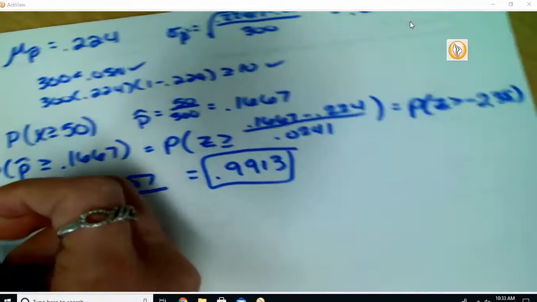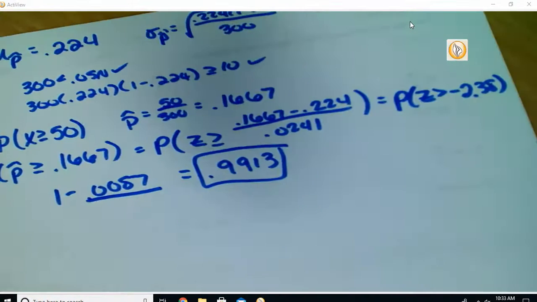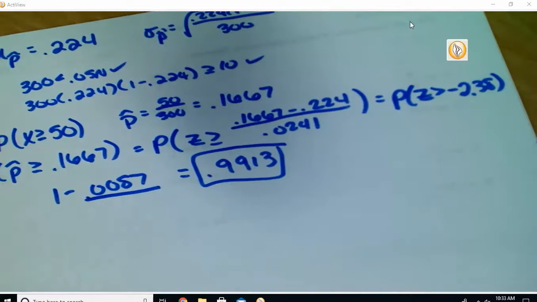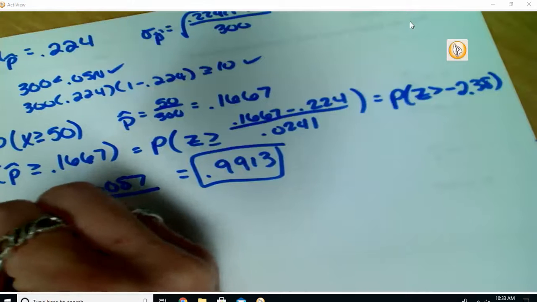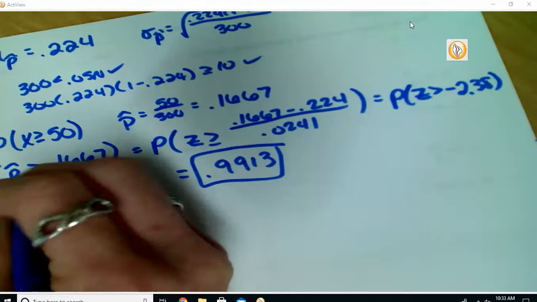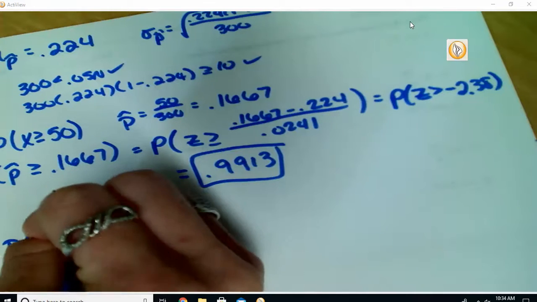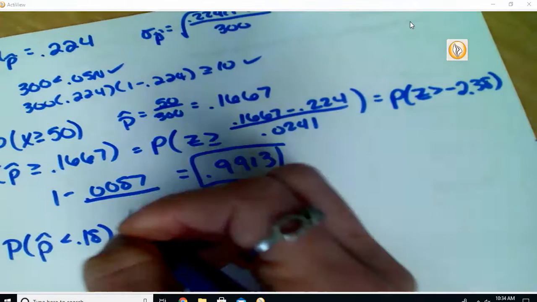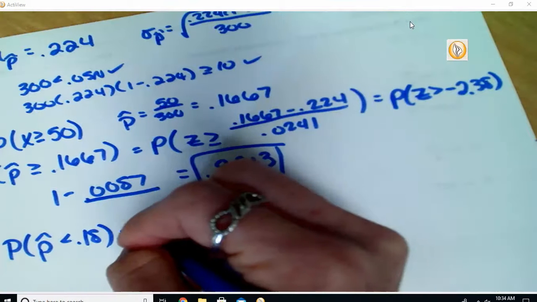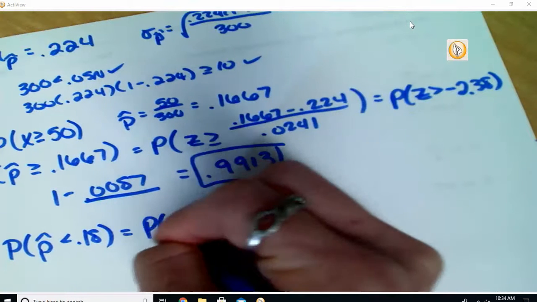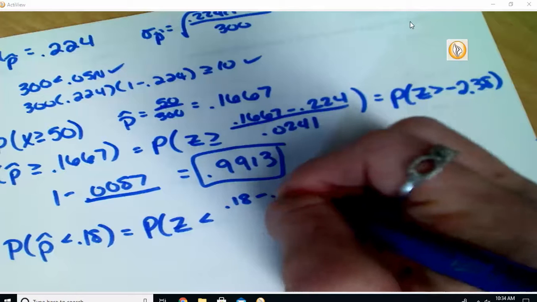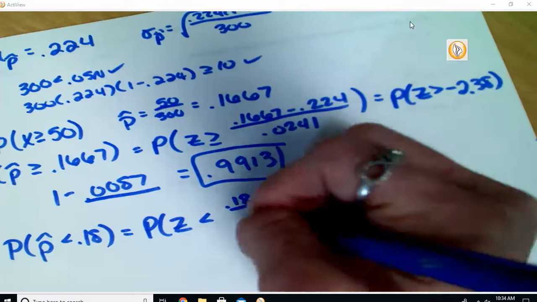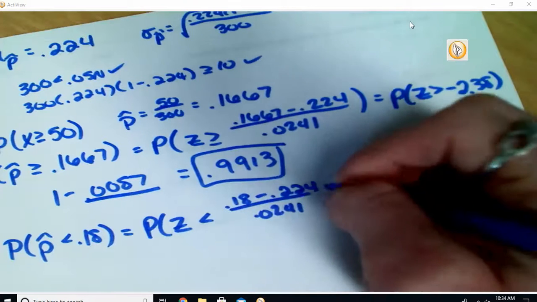Part C, would it be unusual? What's the unusual requirement? Less than 5%. If 18% or less were smokers. So we're finding the probability that our proportion is less than 18. Okay, so we'll change that to a z. So you do your 0.18 minus your mean, 0.224, over your standard deviation, 0.0241.